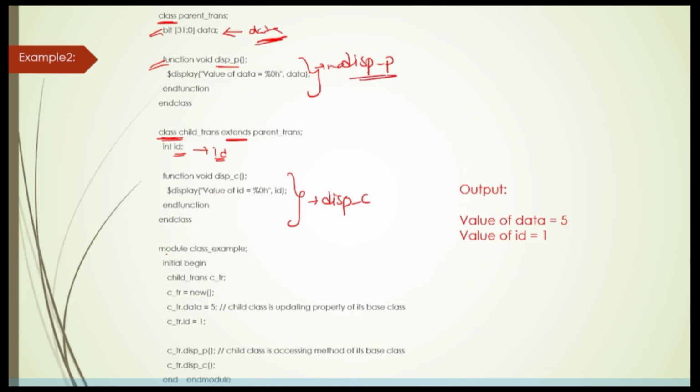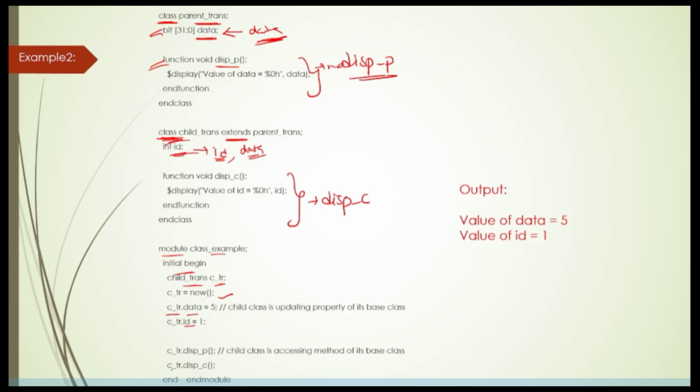Within the module I have created the handle for my child class, ctr, and I have created the object for it. As I told you, by using ctr.data, ctr.id. Now ctr.data belongs to the parent class, but since it is inherited by the child class, along with the id you can also access data by using the child class handle.